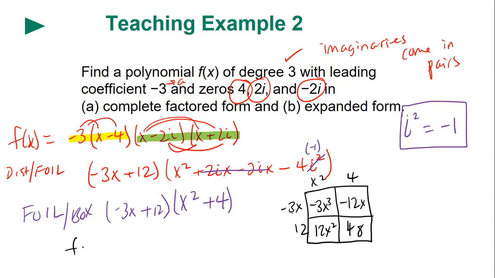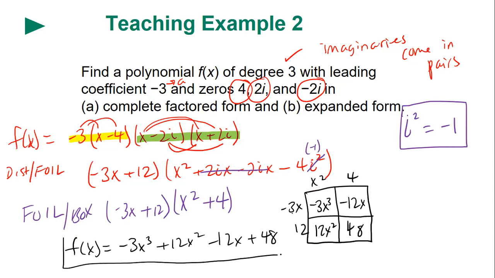So now that you have finished and filled in the box, your answer is all of your products in order of power. So my largest power is -3x cubed, followed by +12x squared, followed by -12x, followed by 48.